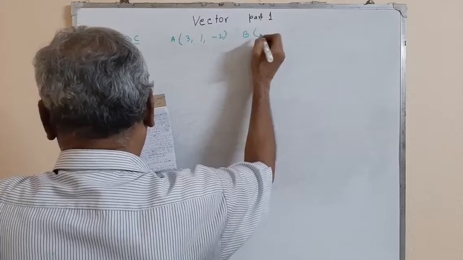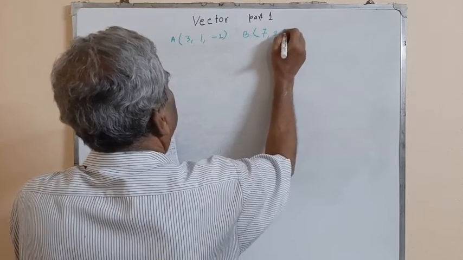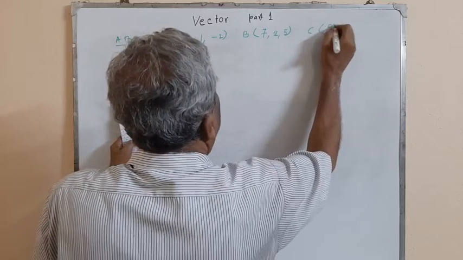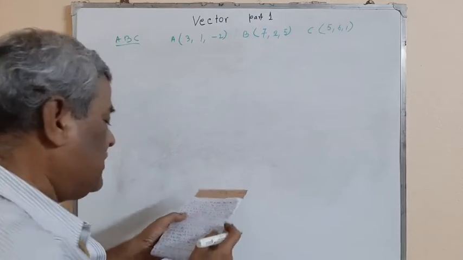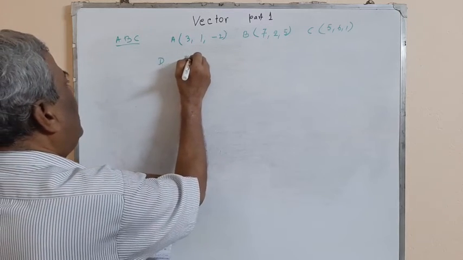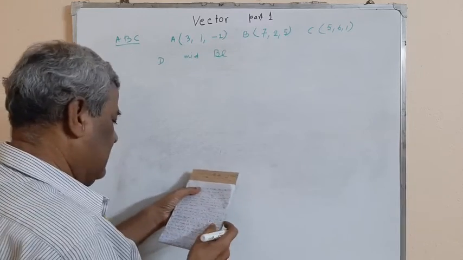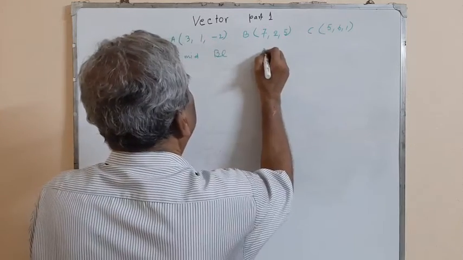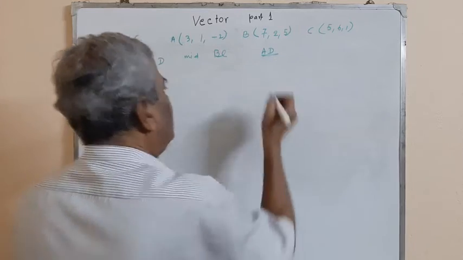Coordinate of B is 7, 2, 5. And that of C is 5, 6, 1. If D is the midpoint of BC, then find the unit vector along AD.